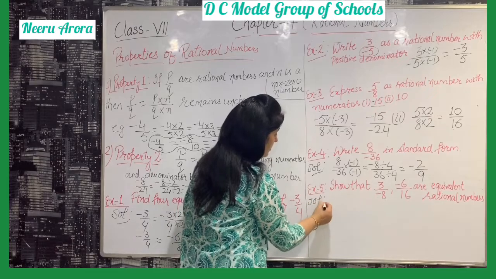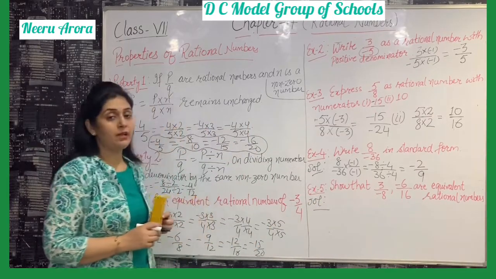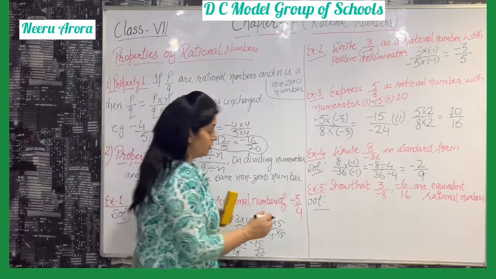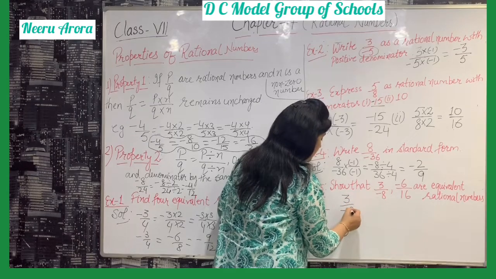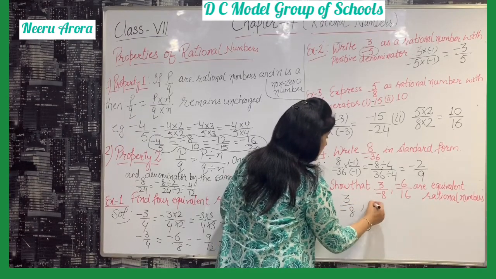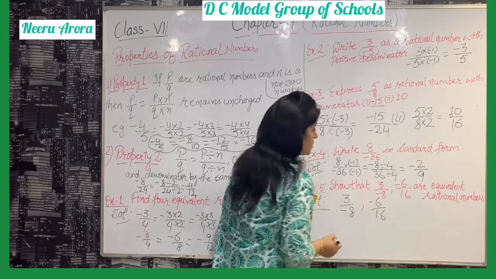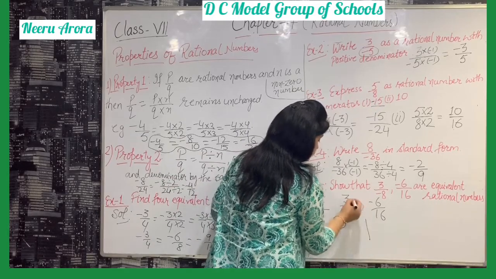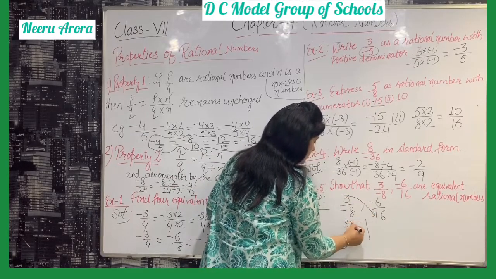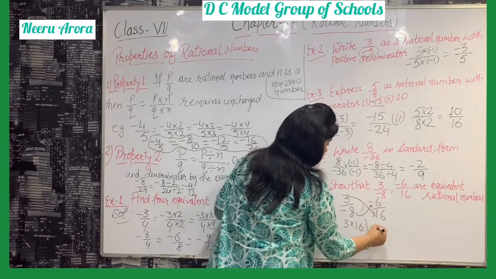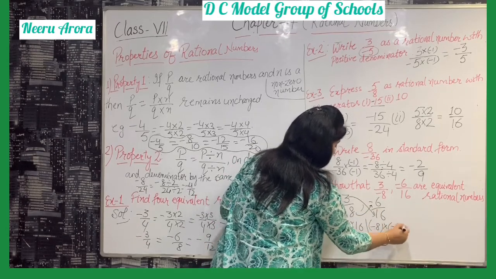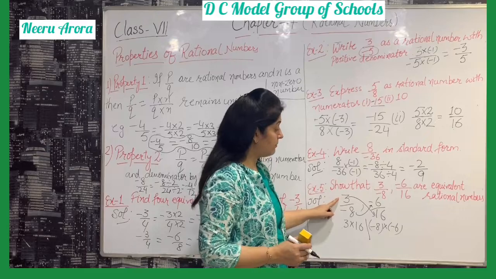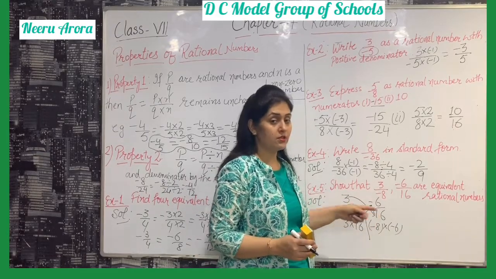Next, show that 3 by minus 8 and minus 6 by 16 are equivalent rational numbers. We have done the cross multiplication method. We want to see whether these are equivalent rational numbers or not. We just do the cross multiplication: 3 into 16 and minus 8 into minus 6. What is the rule? The numerator of the first rational number is multiplied by the denominator of the second rational number.